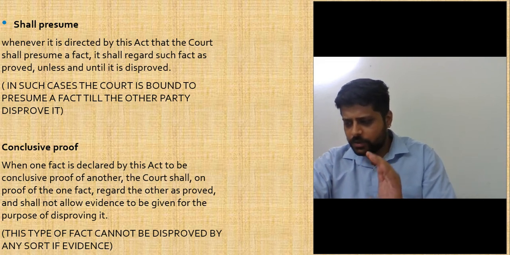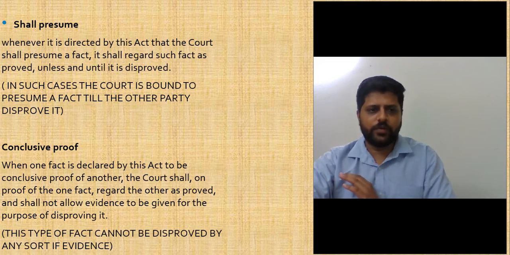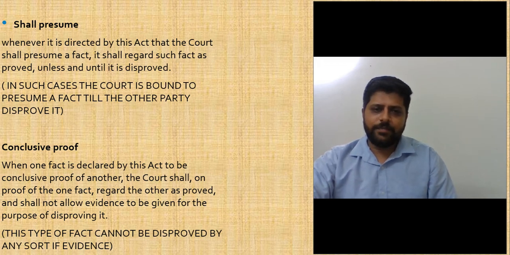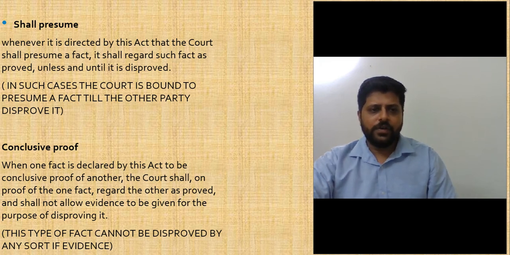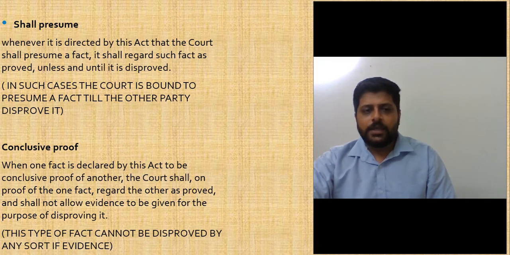Now moving to conclusive proof. It says that when one fact is declared by this Act to be conclusive proof of another, the court shall, on proof of the one fact, regard the other fact as proved, and shall not allow evidence to be given for the purpose of disproving it.